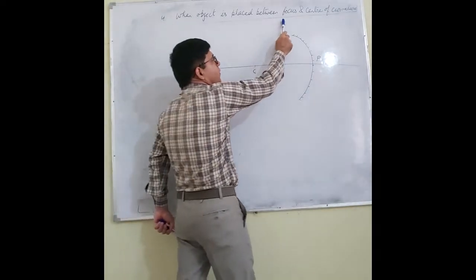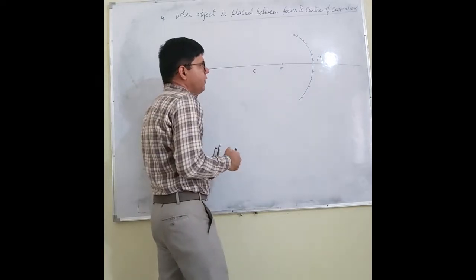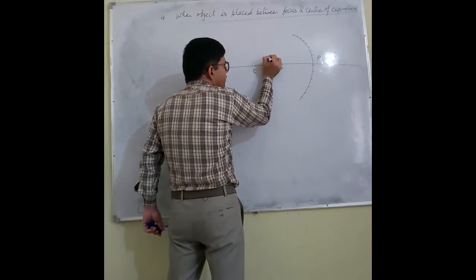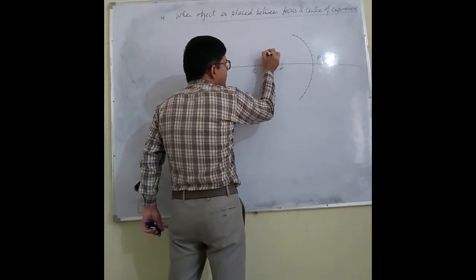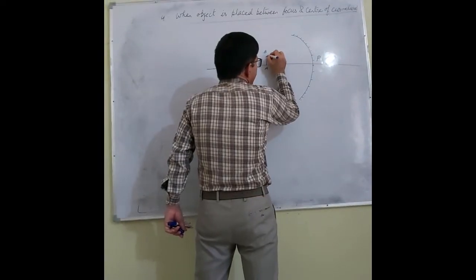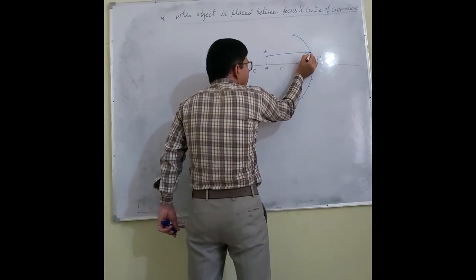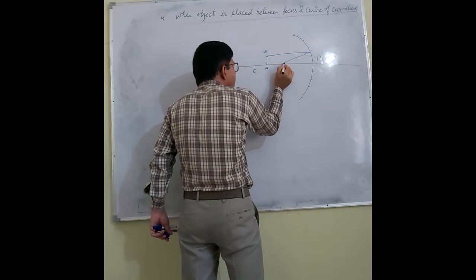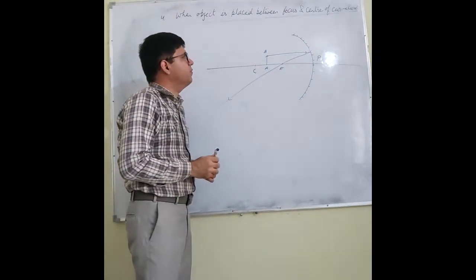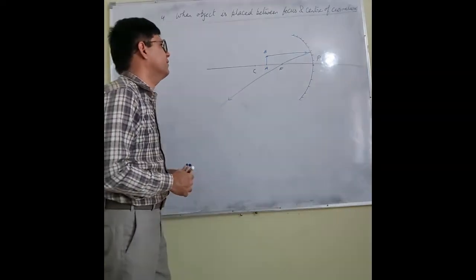When the object is between focus and center of curvature, this is focus, this is center of curvature, so place the object between F and C. This is A, this is B. Now, if we have a ray of light parallel to the principal axis, after reflection it passes through the focus.